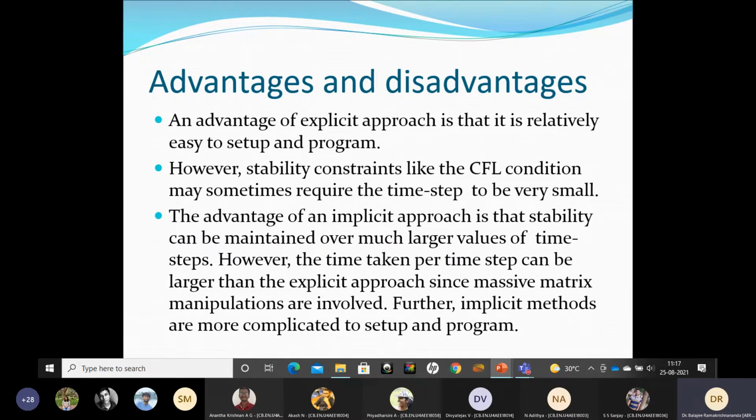Now we look at the advantages and disadvantages of the explicit approach and the implicit approach. The advantage of the explicit approach is that it is relatively easy to set up and program. They have given us an easy assignment. However, stability constraints like the CFL condition may sometimes require the time step to be very small.